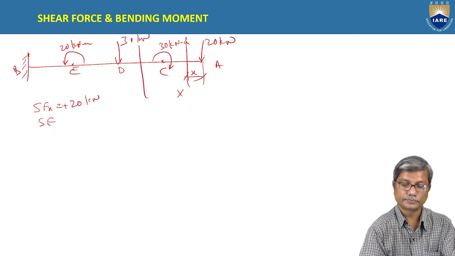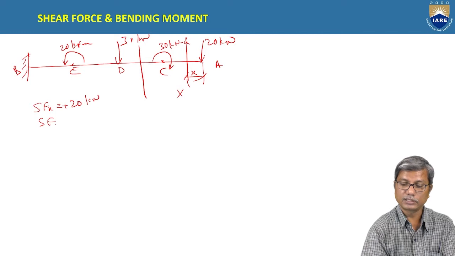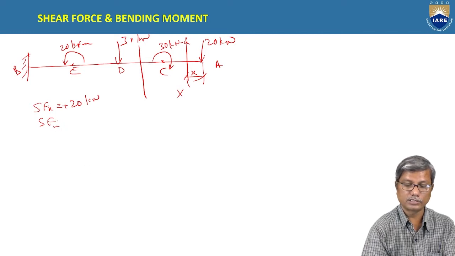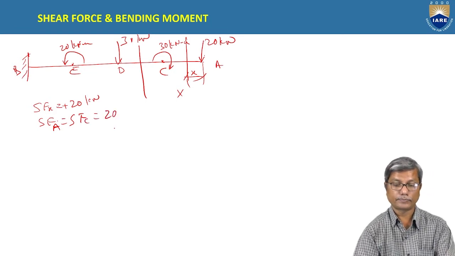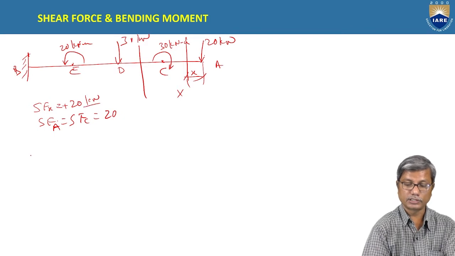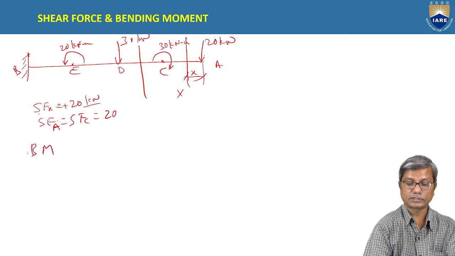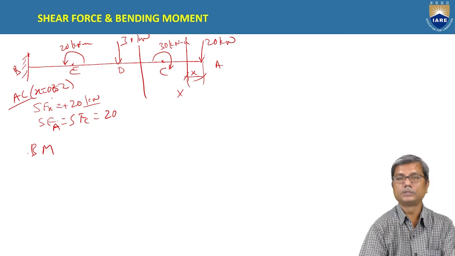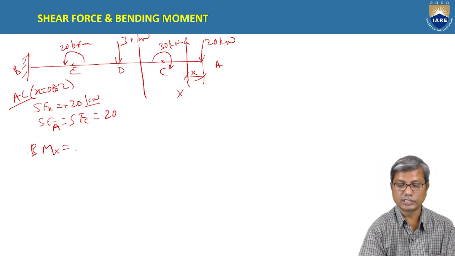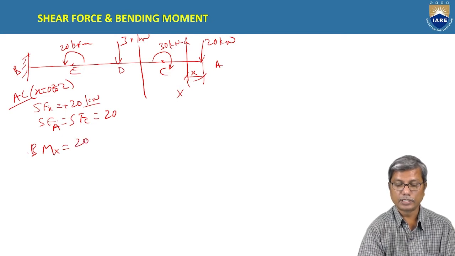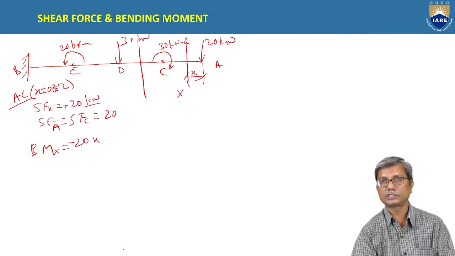Shear force at A and at C is equal to 20, because it is independent of x. And bending moment at x, in portion AC, with limits for x from 0 to 2, is 20 into x minus 20 into x.